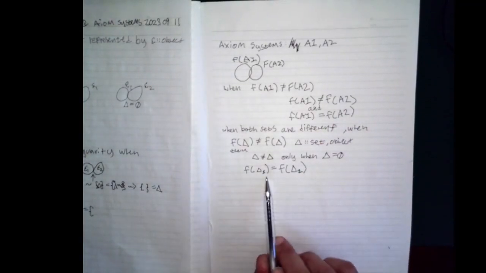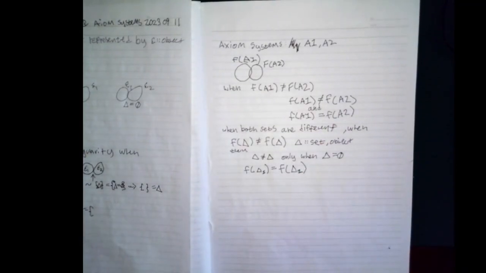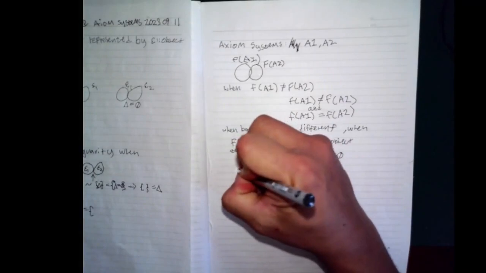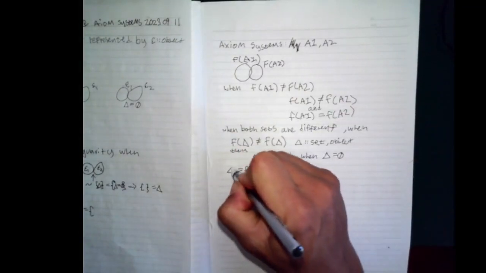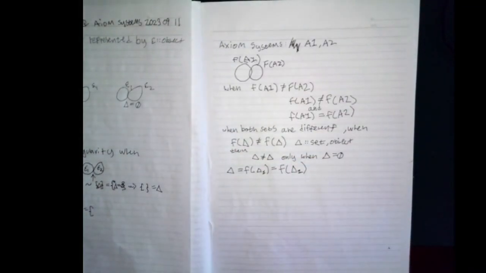Now f of delta 1 equals f of delta 1. Okay, but this has type delta, so this is delta equals f of delta 1 equals f of delta 1.